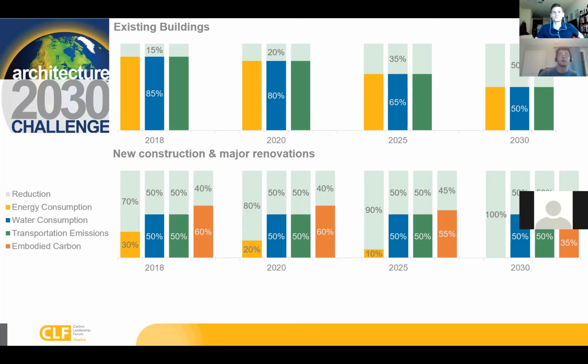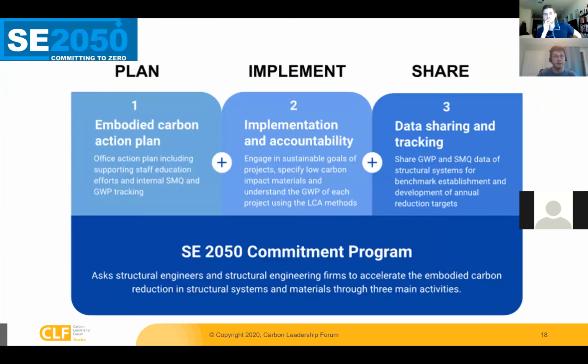But in addition to Architecture 2030, the one that's more specific to the structural engineers' response to this is SE 2050. SE 2050 is setting similar goals. It's focused on structural engineers, and it's specifically focused on embodied carbon. So it's a bit more targeted than Architecture 2030. Essentially it's a commitment program saying let's get to zero by 2050.